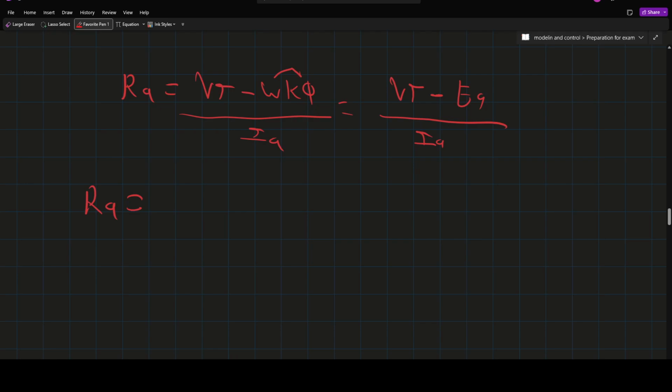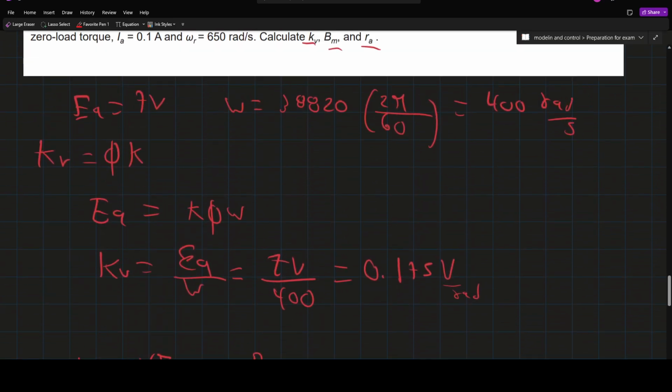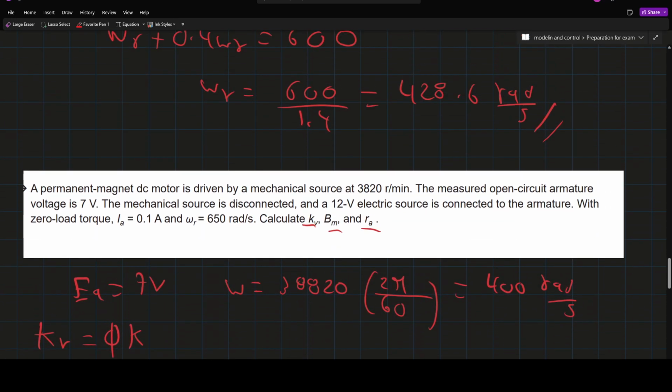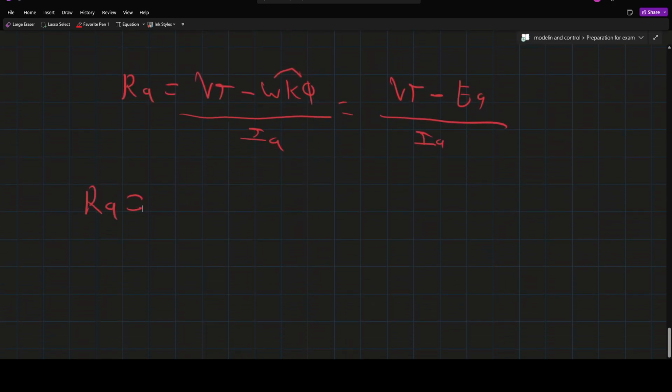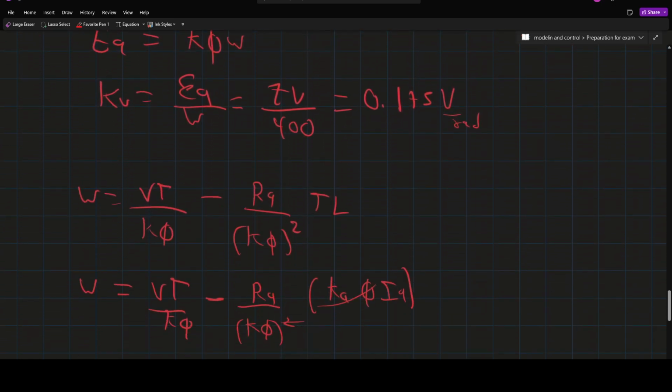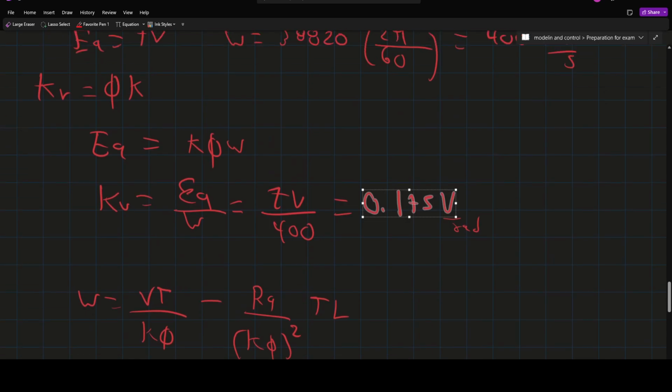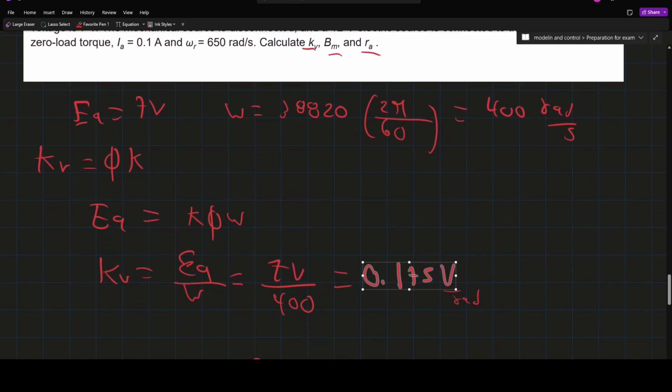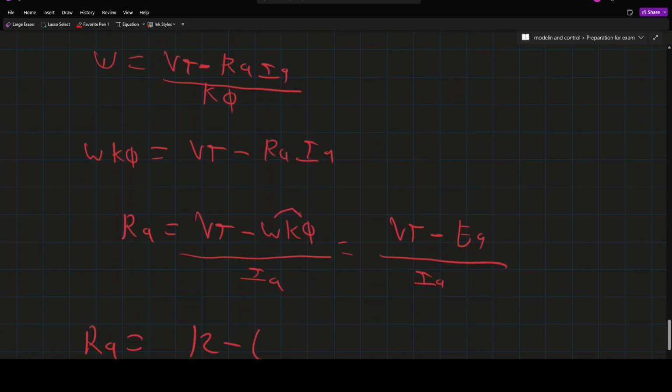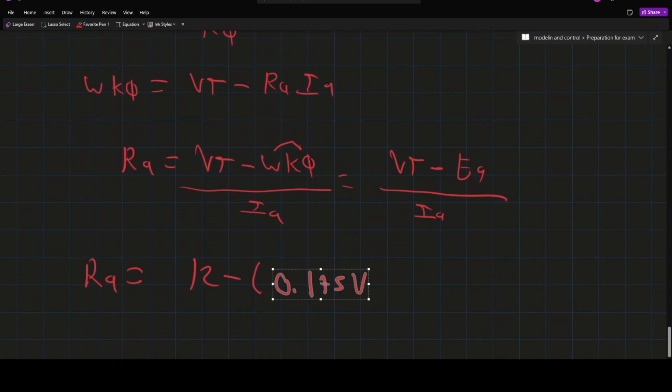We have here for our terminal voltage, now that we change our speed to 650, is going to be 12 volts minus our speed, no, minus our K phi that we calculated here, times our speed, that is now 650.